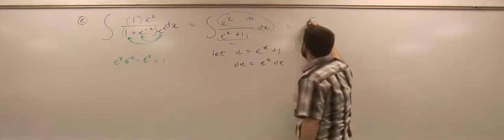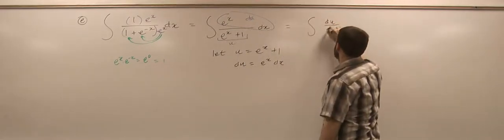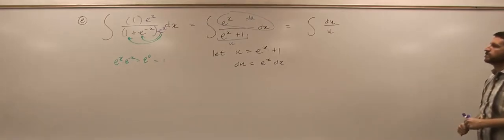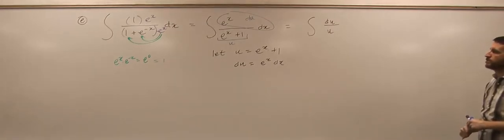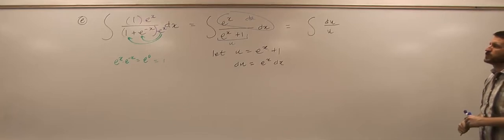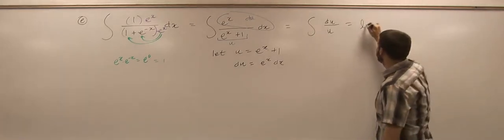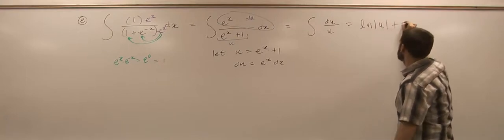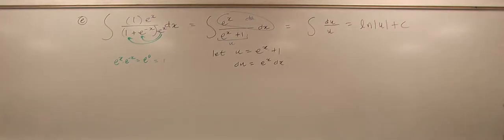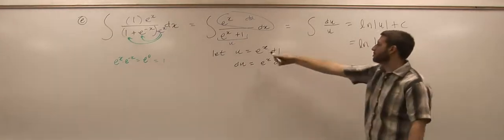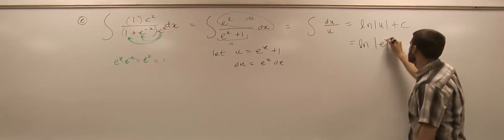So this becomes the integral of du over u. Which is what? Natural log, absolute value of u plus c. Let me stick my u back in. E to the x plus 1.